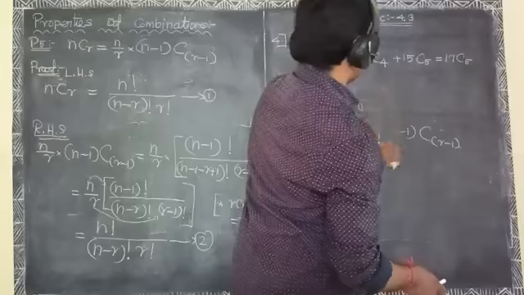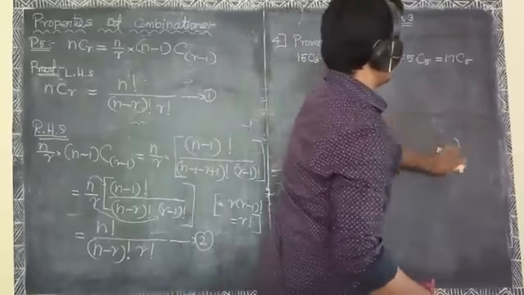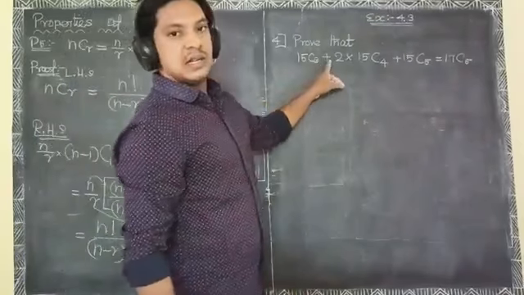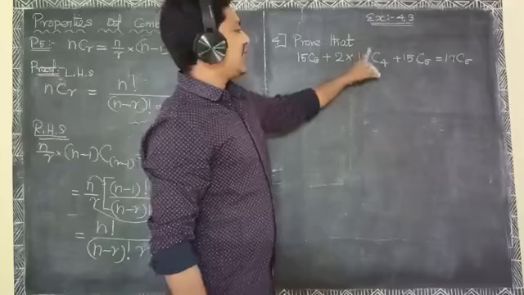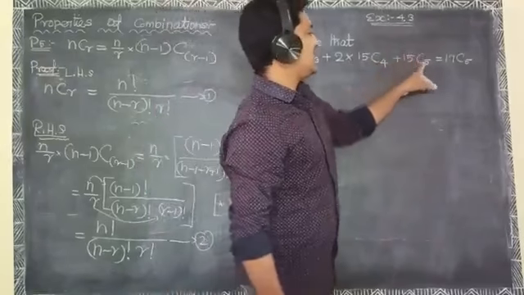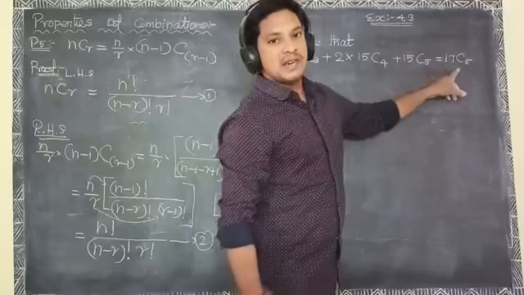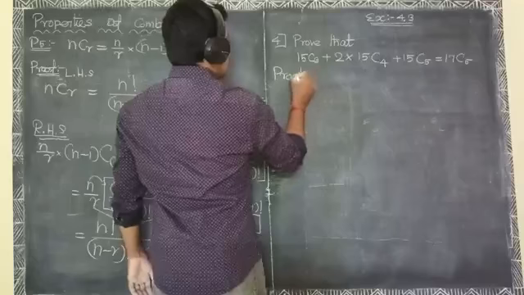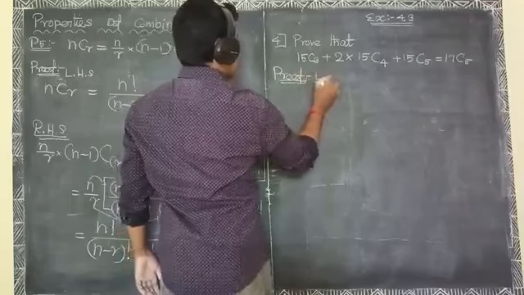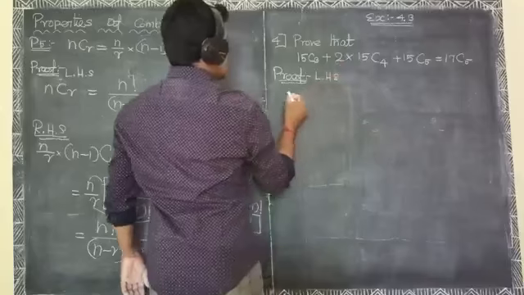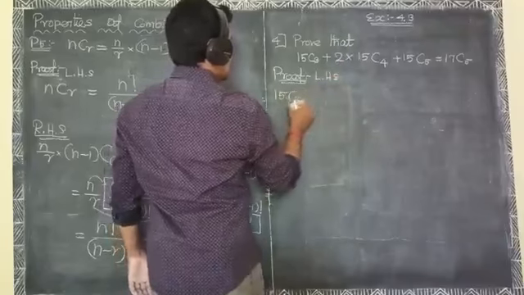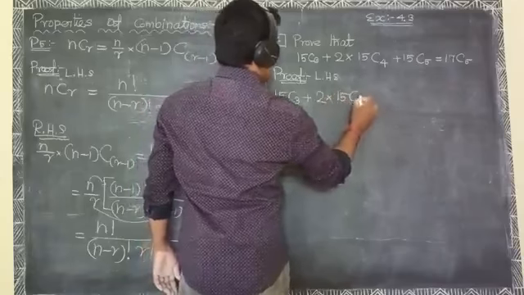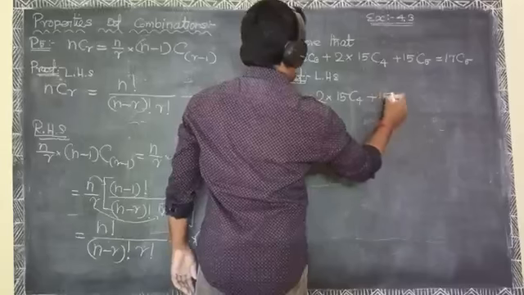Next, exercise 4.3, question number 4: prove that 15C3 plus 2 times 15C4 plus 15C5 is equal to 17C5. Proof: we take the LHS, that is 15C3 plus 2 times 15C4 plus 15C5.